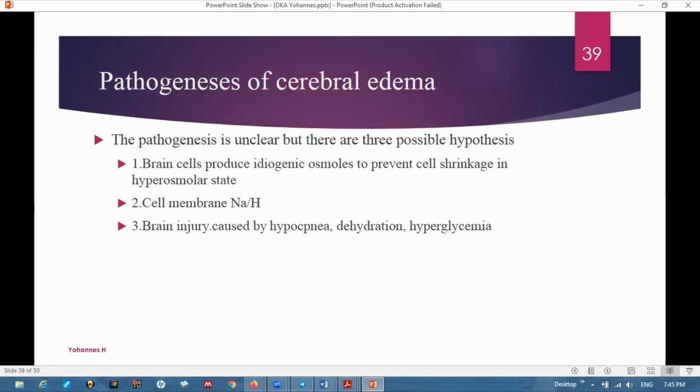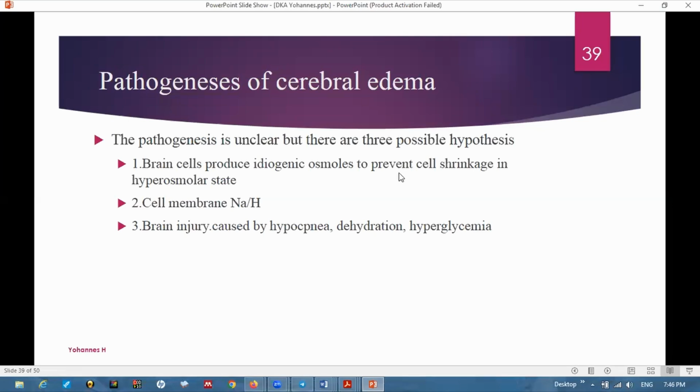To prevent this, brain cells will release idiogenic osmoles, so they prevent cell shrinkage. When you give fluid rapidly, the intravascular osmolality will decrease rapidly, and there will be a fluid shift from the intravascular space to the cellular space, which will cause cerebral edema.